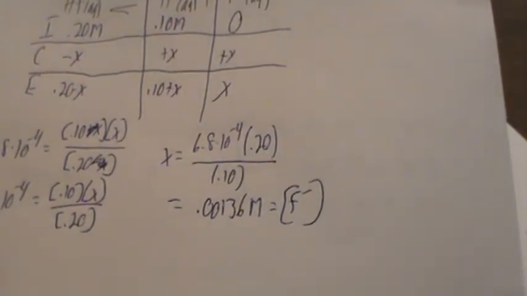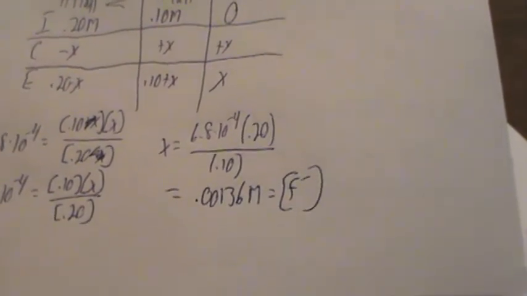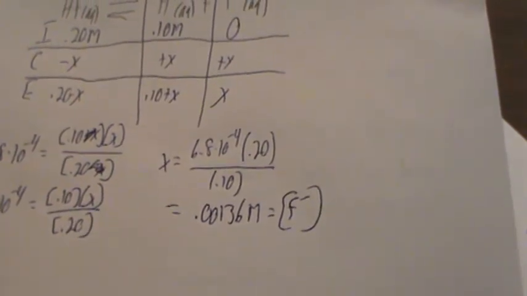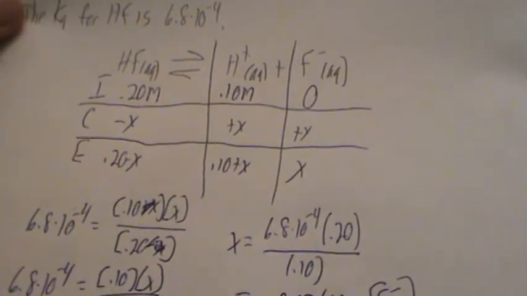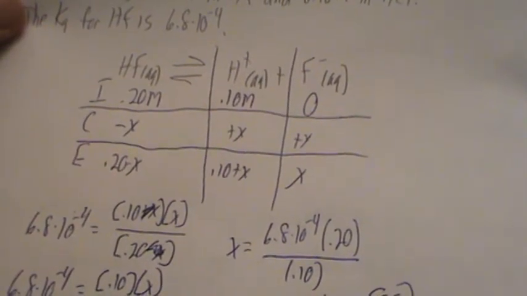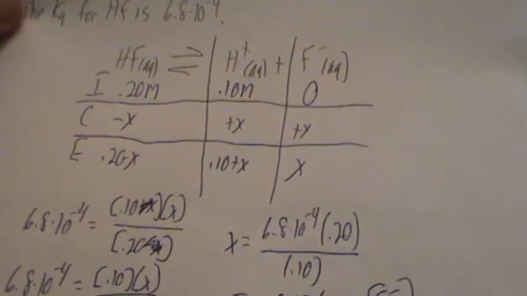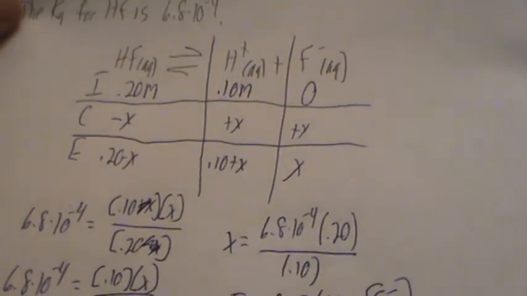Now the pH. Well, if we look at our hydrogen ion concentration, at equilibrium we have 0.1 plus X. Do you think we're really going to have that much of a change in the pH?